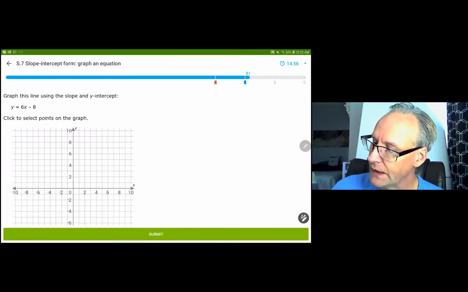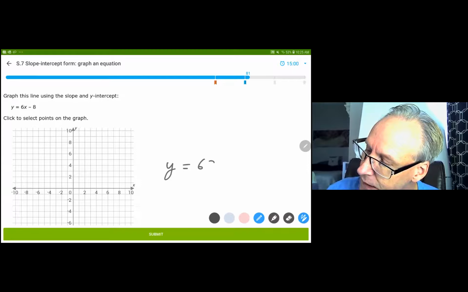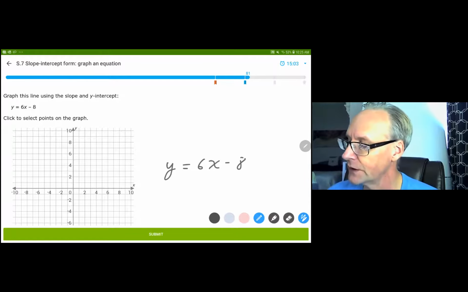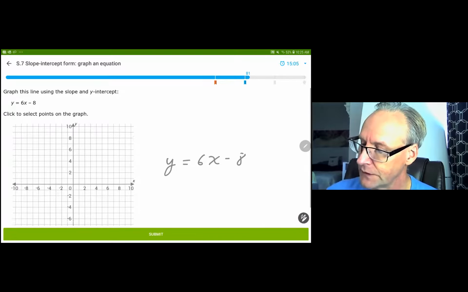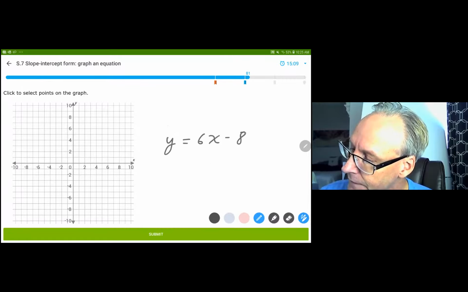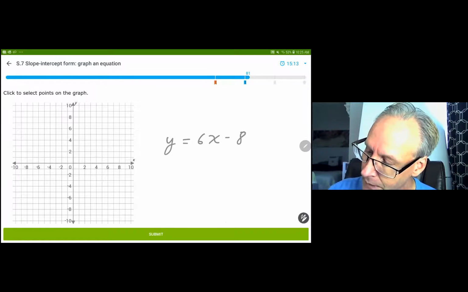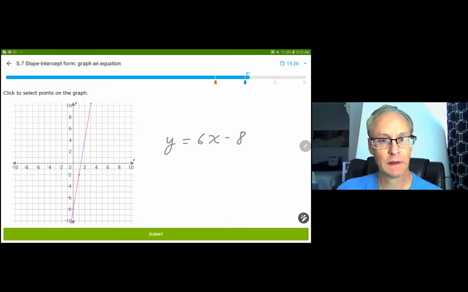This one, y equals 6x minus 8. I'm just going to go ahead and work through them here pretty quickly. Sorry, that's not very neat. There, that looks better. All right, we're going through 0, negative 8, and we have a slope of 6. That's up 1, 2, 3, 4, 5, 6 over 1, and there it is.